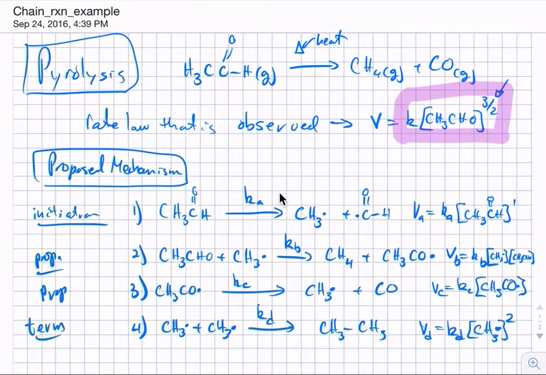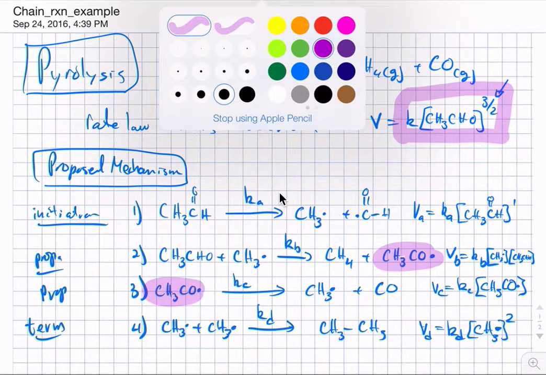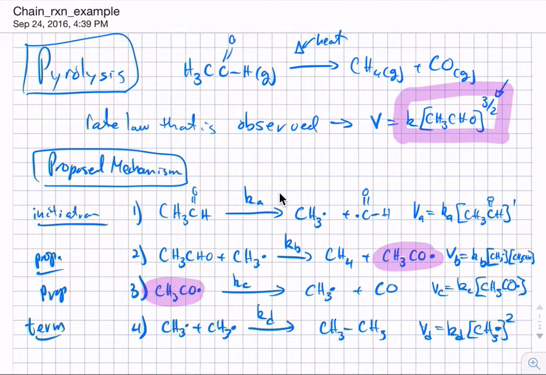One is going to be the aldehyde minus the proton, so it'll be this one, and also it'll show up here. We'll also apply an intermediate to the methyl, the CH3 radical, which shows up here, here, here, and in the last equation twice.